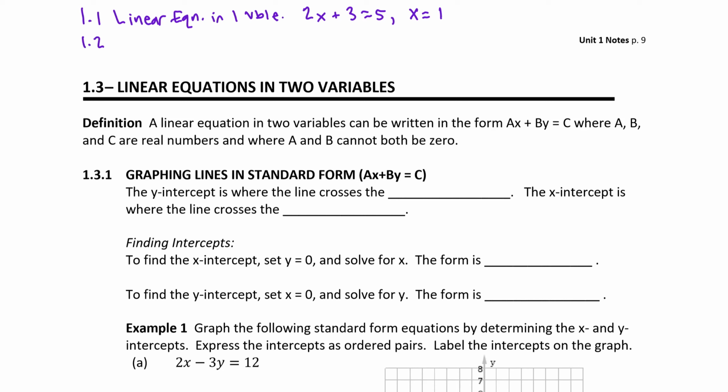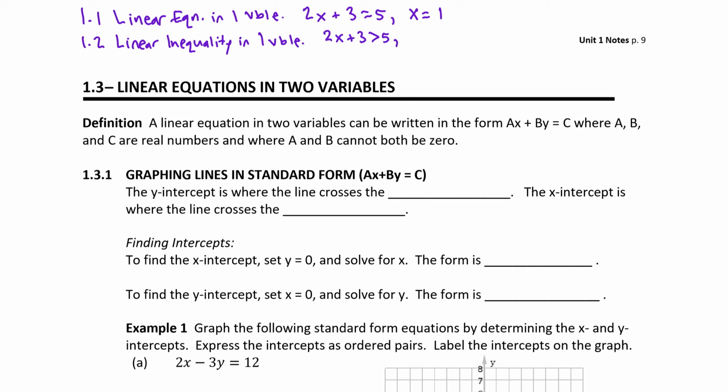Then, in section 1.2, we progressed to linear inequalities in one variable. An example of a linear inequality in one variable might be 2x + 3 > 5.